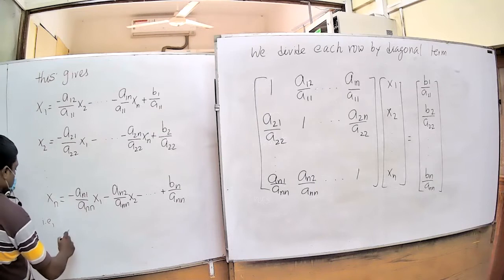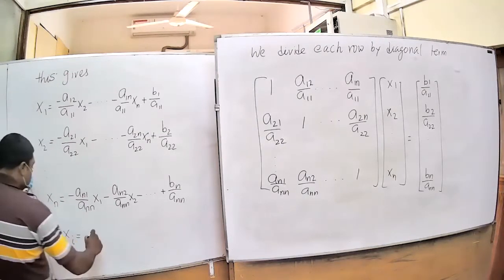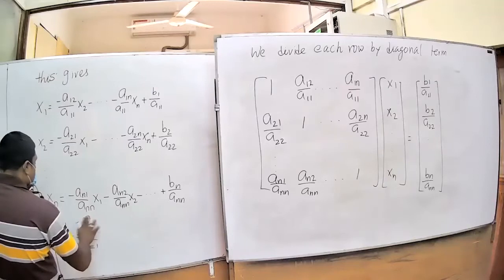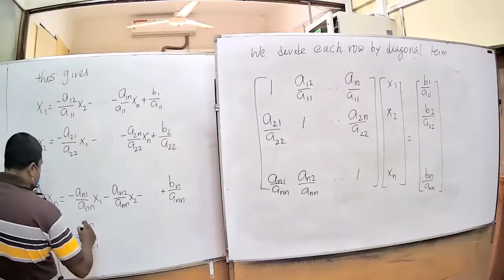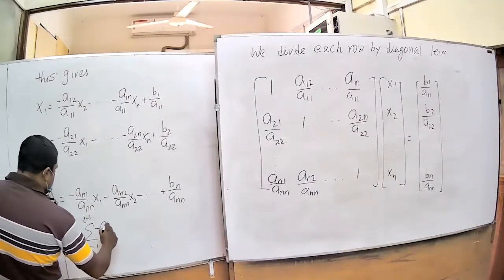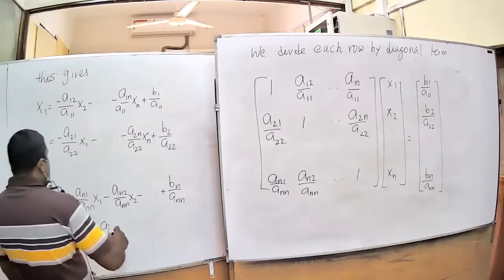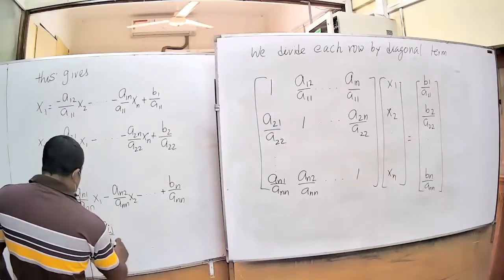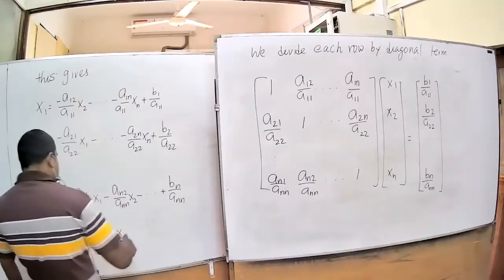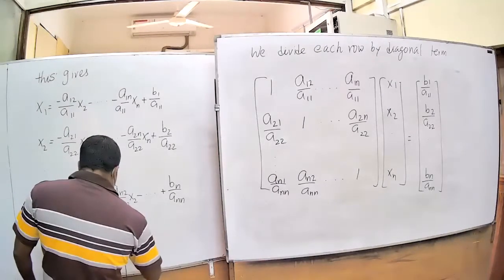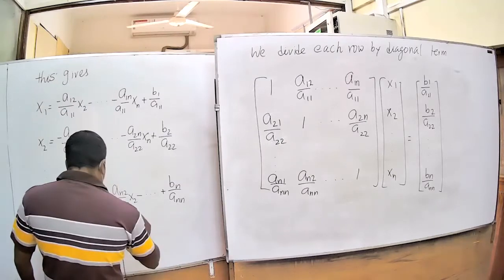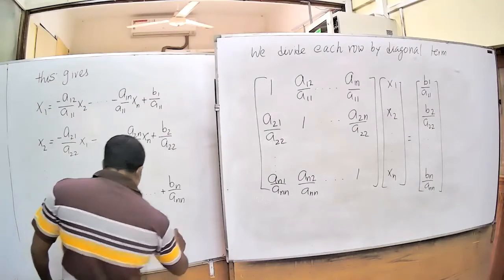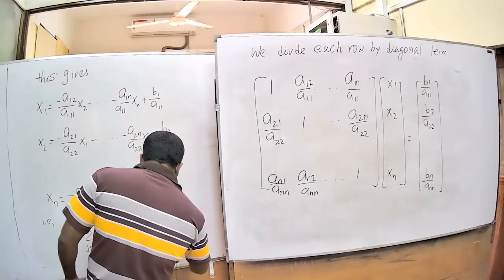That is, xi is equal to the summation of j running from 1 to i minus 1 of minus aij over aii xj, plus the summation of j equal to i plus 1 up to n of minus aij over aii xj, plus bi over aii.